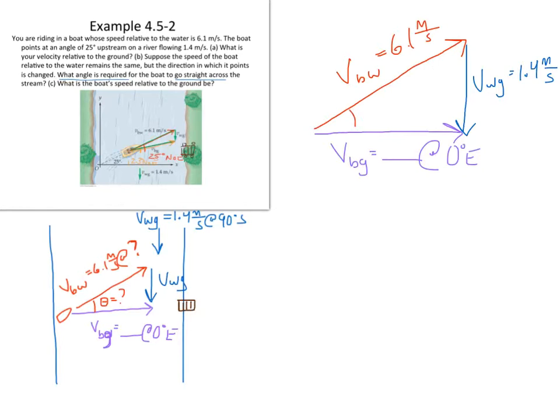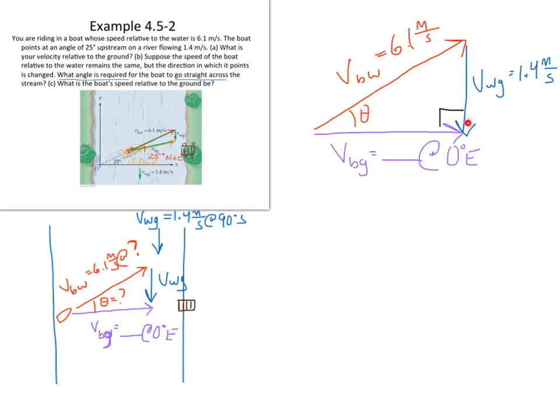So, we want to find this angle right here. That angle theta. What is that angle theta going to be? Well, we can't really use this right here because we don't know the magnitude. We don't know how long this side of the triangle is. But the good news is we did create a right triangle, because this is going due east, this is going directly south right here. So we do have a right triangle, so that does afford us some benefits. If we want to find this angle right here, what sides do we know?